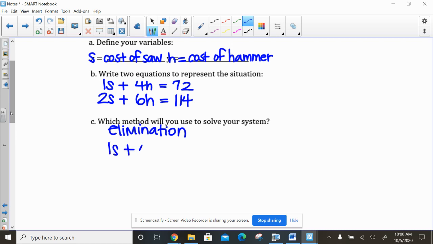So I'm going to rewrite this. If I multiply this top equation, everything, by negative 2, then I will have a problem that I can easily eliminate some stuff.